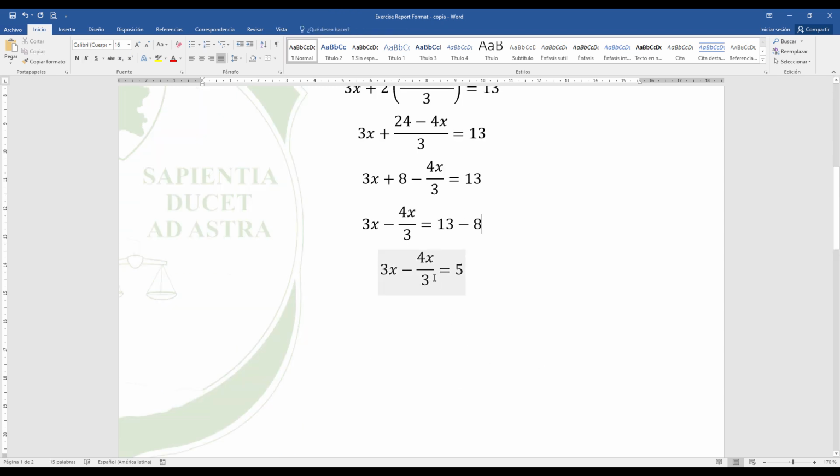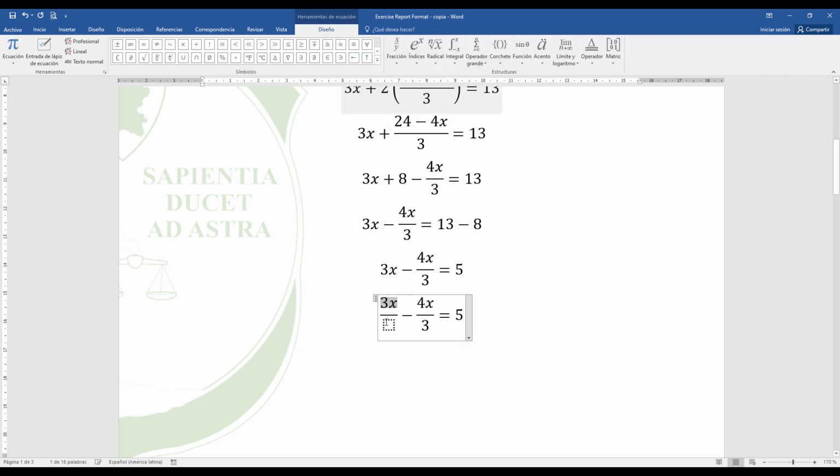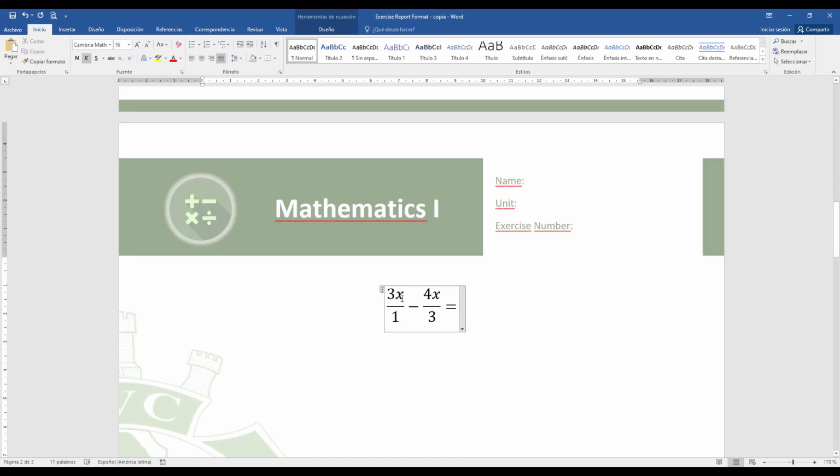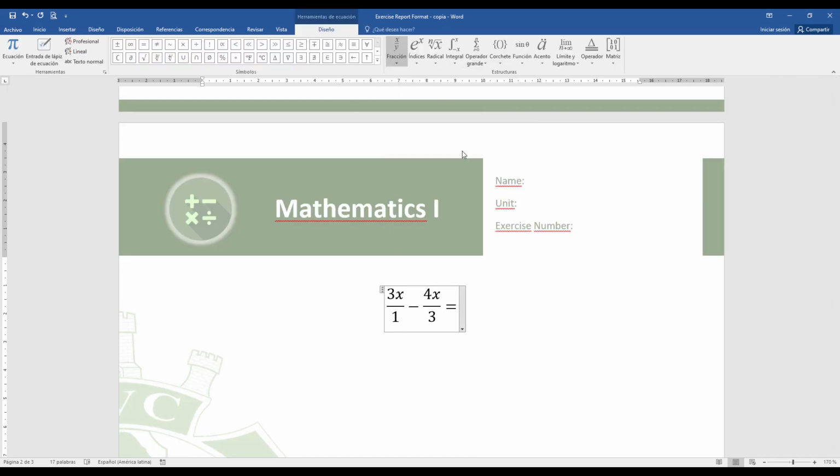And if you have one fraction here, you need to work with fractions. So this is 3. Now 3 divided by 1 is 3, times 3 is 9x, less 3 divided by 3, it's 1.